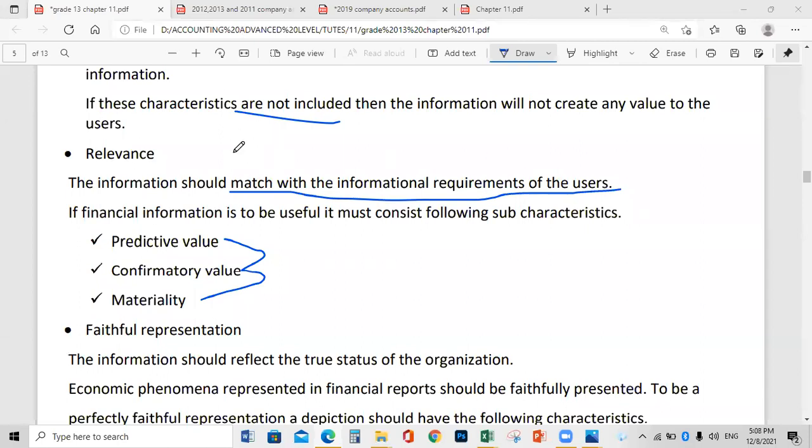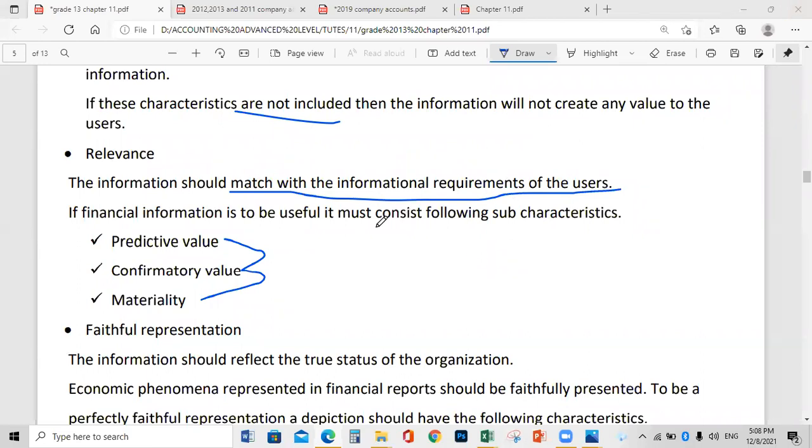Predictive value means the information you're giving should be able to predict the future. The user should have the ability to predict the future. For example, let's say you need to know how much the profit is.